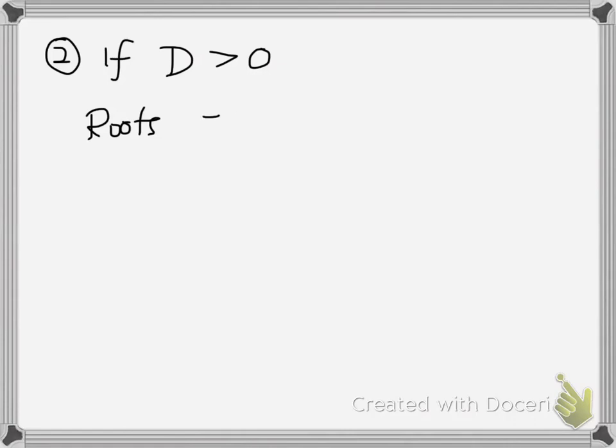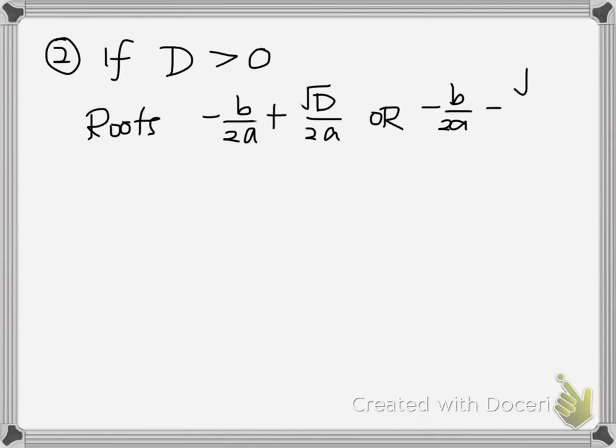The roots are minus b over 2a plus whatever that is, or minus b over 2a minus that. If you look at these two numbers, for D to be greater than 0, it is certain that these two numbers are different.